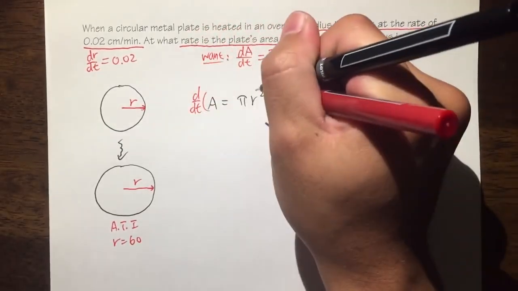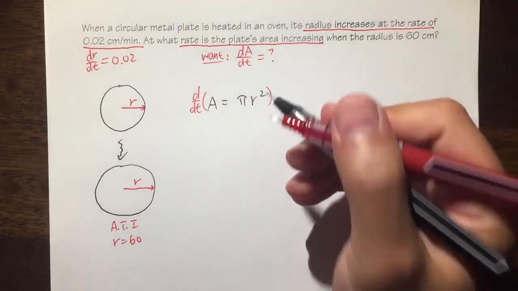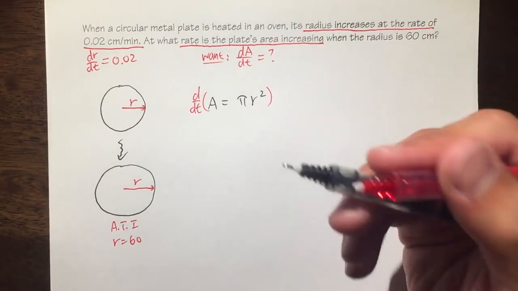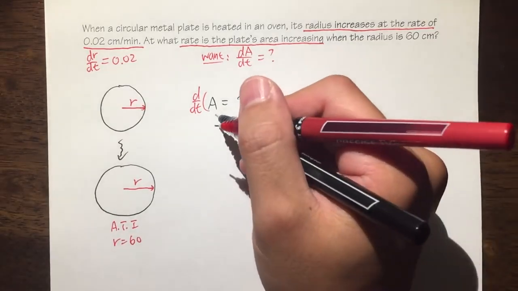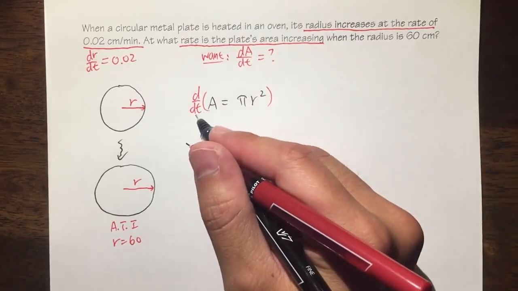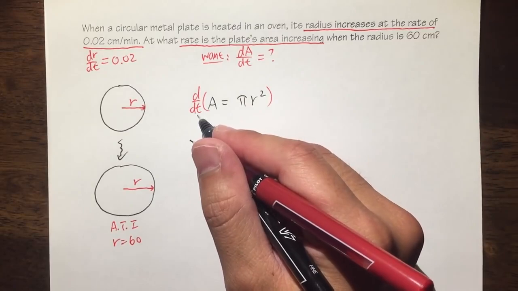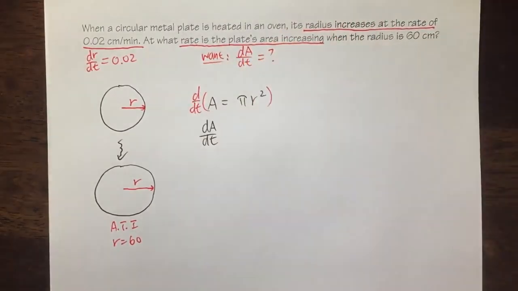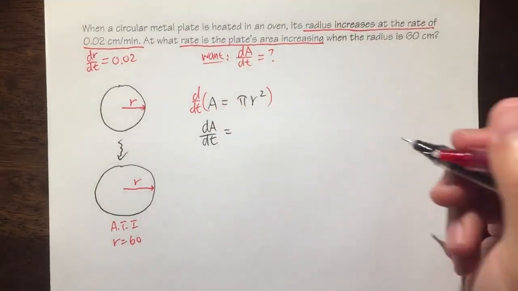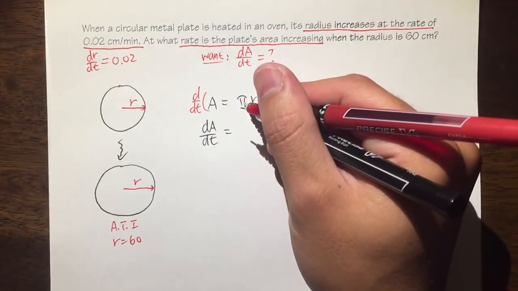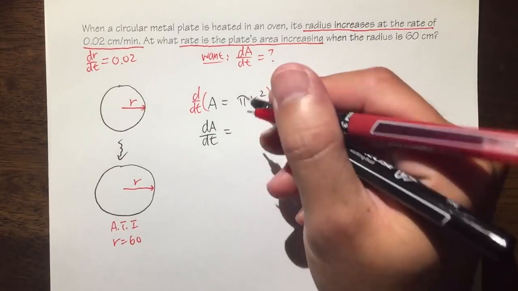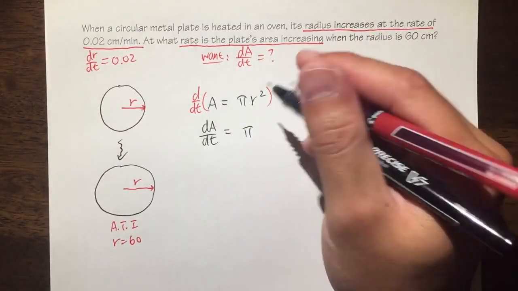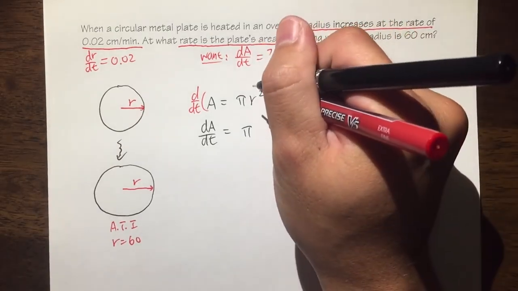Let me put down d/dt like this. You just have to remember both A and r are functions of time. Therefore, on the left hand side, when you're differentiating A with respect to t, you get dA/dt. And then on the right hand side, pi is just a constant multiple, so pi pretty much stays. But r is also a function of time, so here we will have to use the good old power rule.